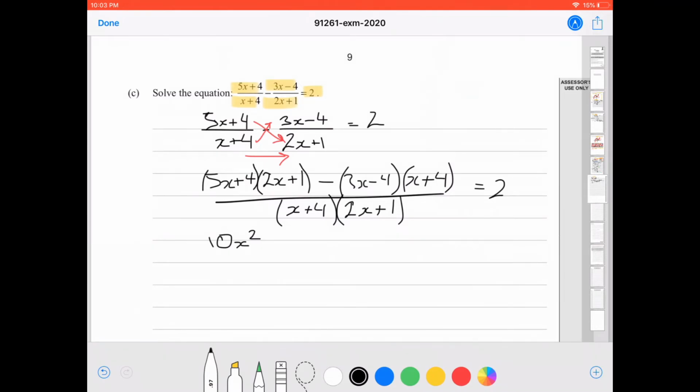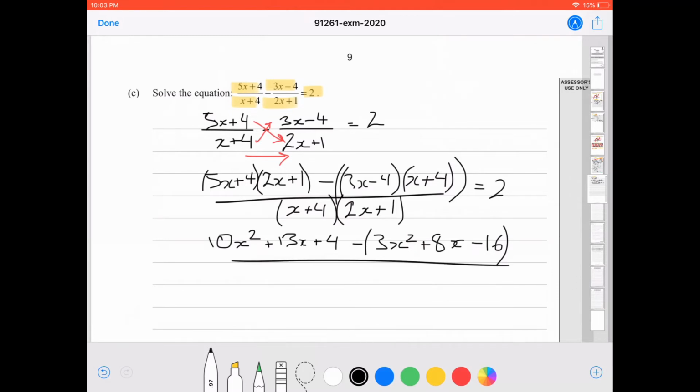Positive 5x plus 8x is positive 13x and plus 4, and minus 3x squared plus 12x minus 4x is plus 8x and minus 16. So that's still in brackets.